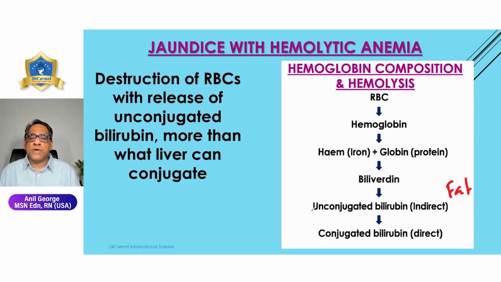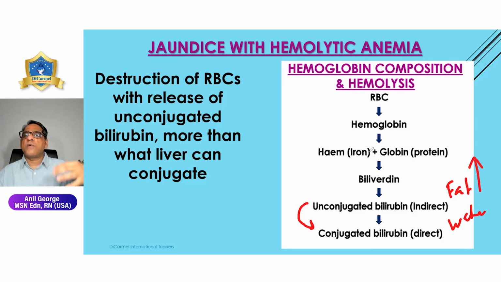And a healthy liver will convert that into conjugated, or direct, or water soluble. But if the breakdown is too fast, it's beyond the capacity of the liver to conjugate. So that's where the unconjugated, the fat soluble, can go high. So again, with rapid breakdown, the buildup of unconjugated bilirubin is beyond the capacity of the liver to conjugate. That's where it can cause an increase in bilirubin, resulting in jaundice, as we are talking.